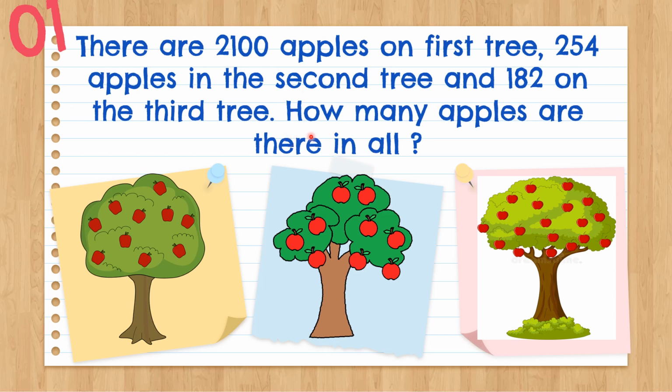How many apples are there in all? So, the question is asking how many apples there are in all. It means we have to add all the apples from each tree.